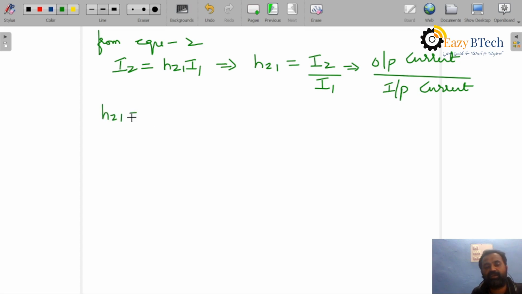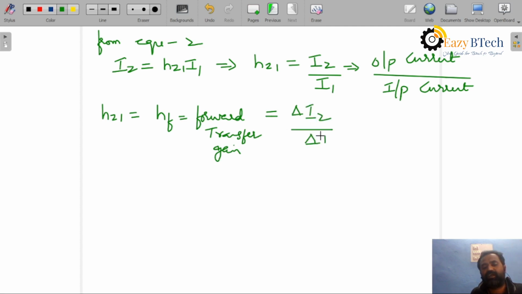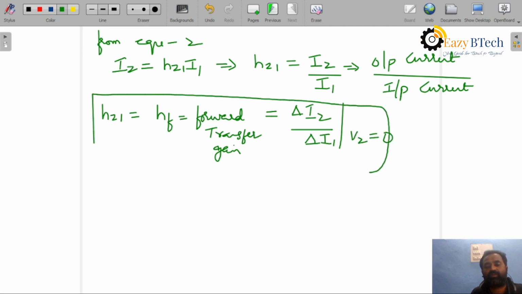H21 is nothing but HF, forward transfer gain, that is change in I2 by change in I1 by keeping V2 equal to 0. Forward transfer gain, H21, HF, change in I2 by change in I1.